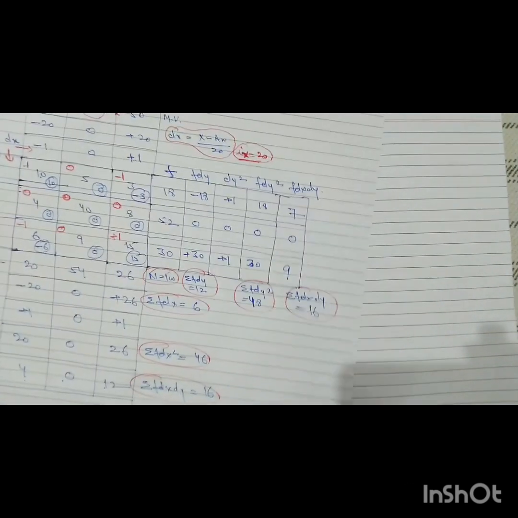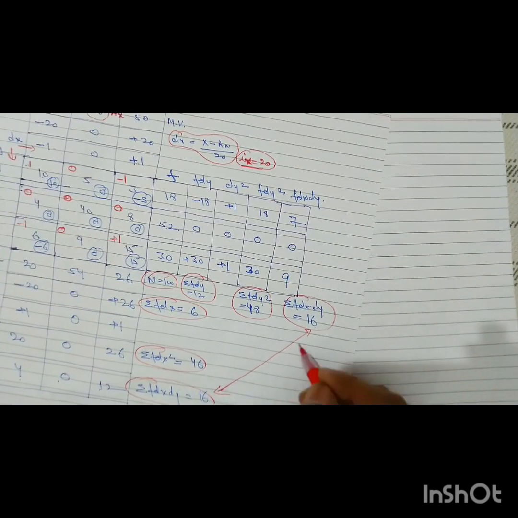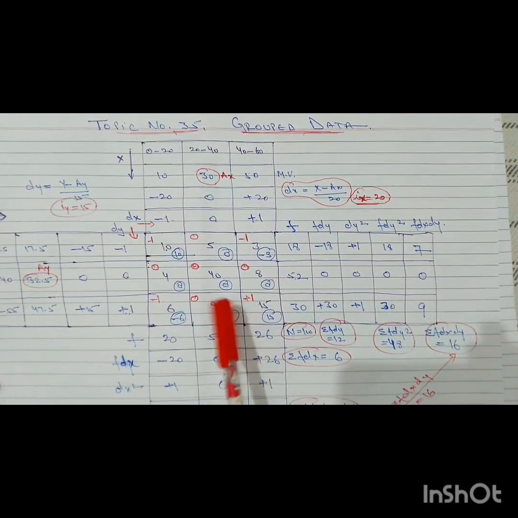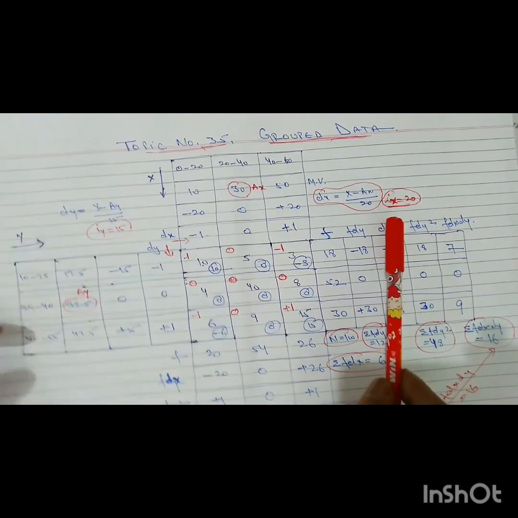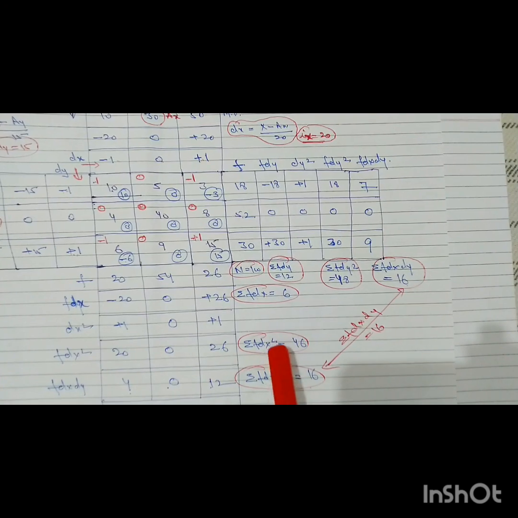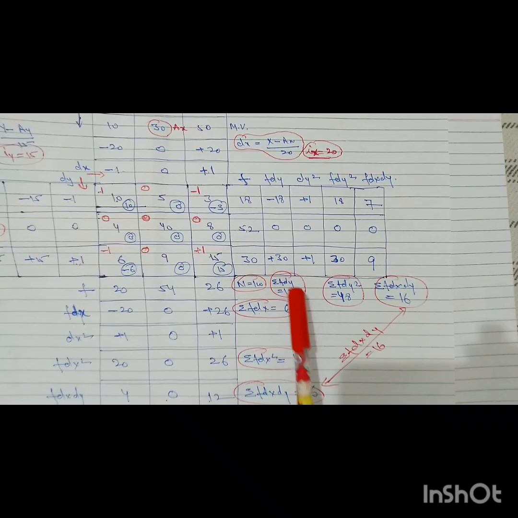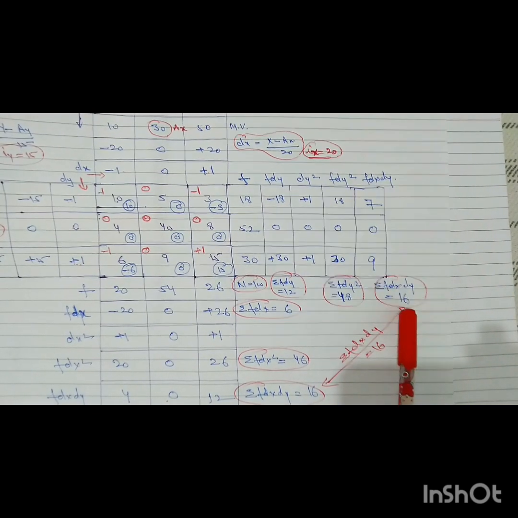Summation f dx dy is 16 from both ways, which means our calculation or table construction is accurate. So iy is 15, ix is 20, n is 100.